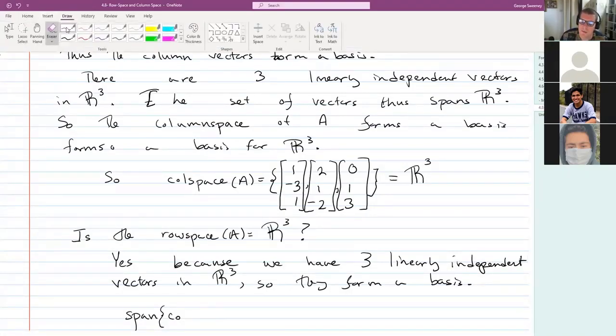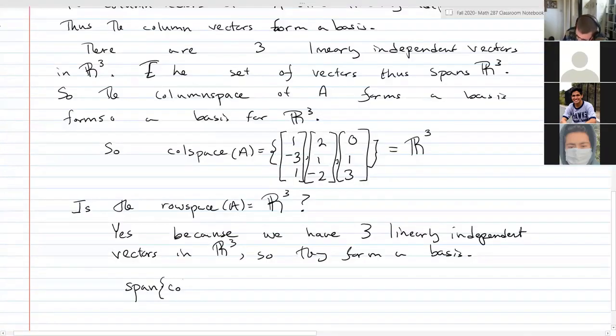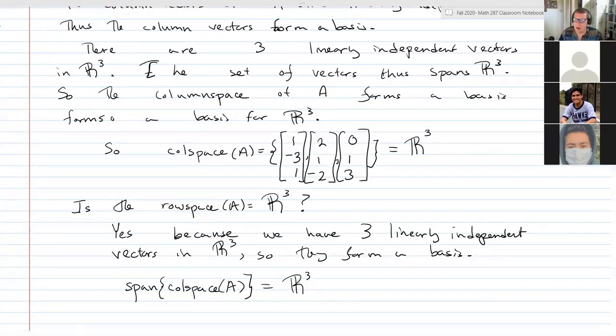When I write things like that, what I really mean is, for example, the span of the column space of A is equal to R3. So all of the linear combinations of that basis, the column space of A, is R3. But we just say column space of A equals R3. Done. That's it.